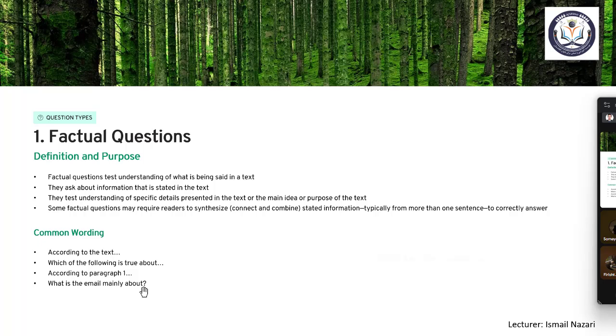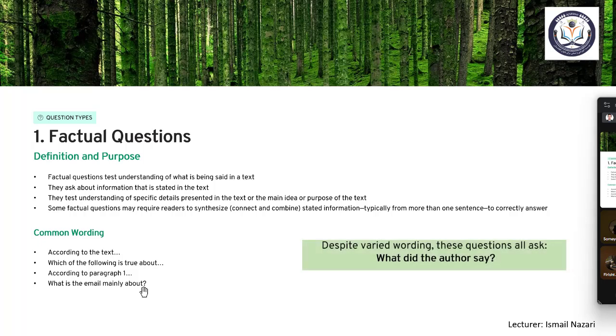We can check them. Here we always have to ask ourselves, in order to find the correct answer, what did the author say? Because on the test, different wording will be used, and we will have a variety of phrases. We have to check the meaning instead of the exact wording, because the correct answer will not use the exact wording.